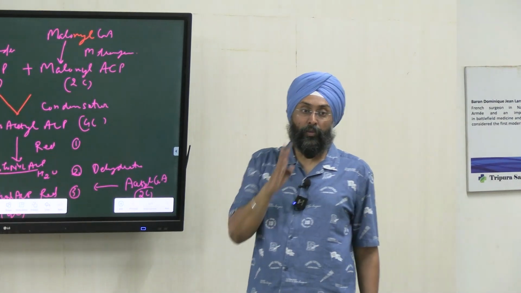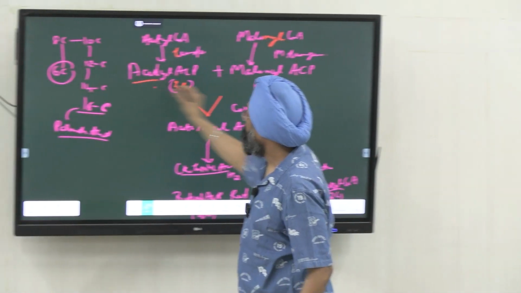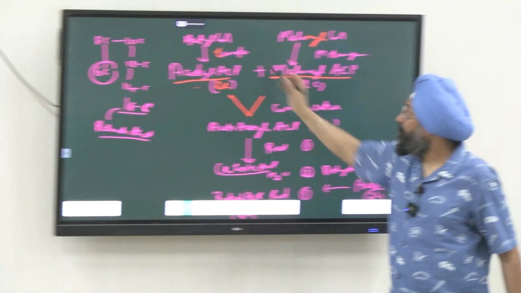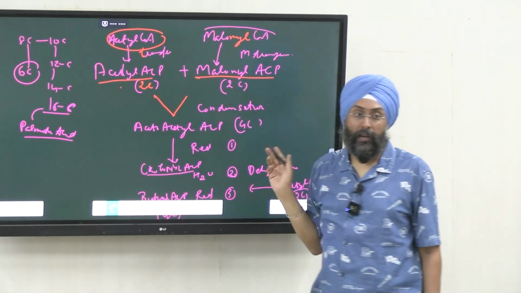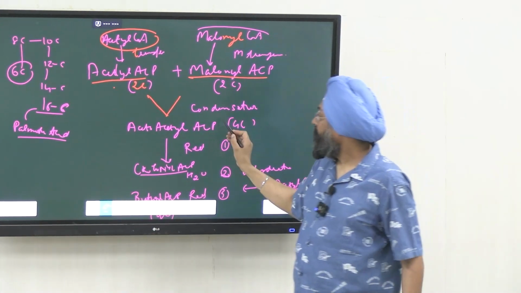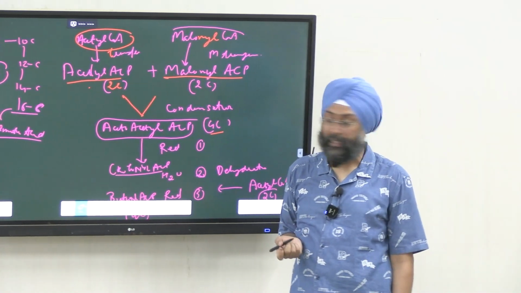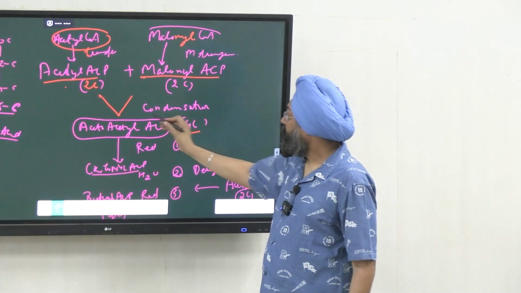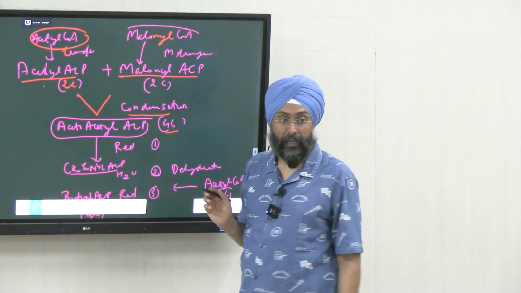Just try to recall. We have 2 reduction reactions. When we form ACP, both from the beginner's product, that is acetyl CoA, so we have 2 carbon, 2 carbon, we will get acetoacetyl ACP, that is our 4 carbon, right? So in this reaction, this is condensation. We are condensing 2 carbon and 2 carbon, forming 4 carbon, right?